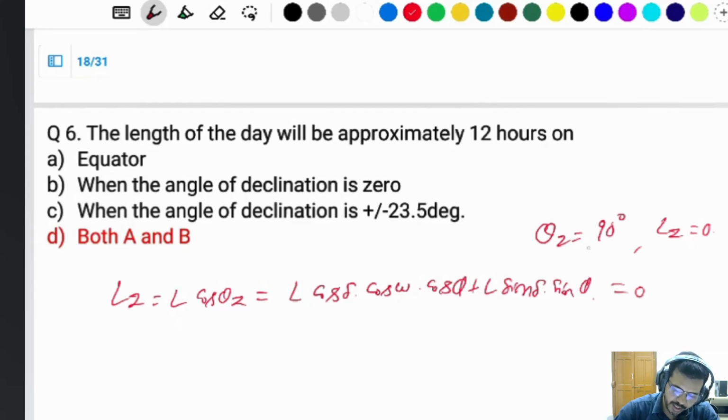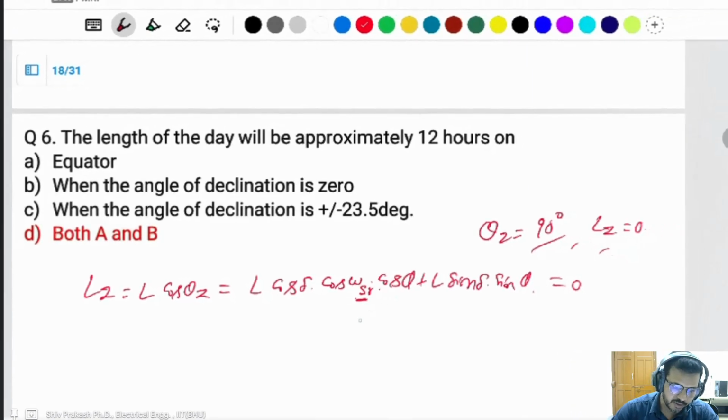Lz will be 0 at 90 degrees. And if you want to calculate omega SR, if you take a sunrise time or a sunset time, then you can take any one. So you want to calculate this one.